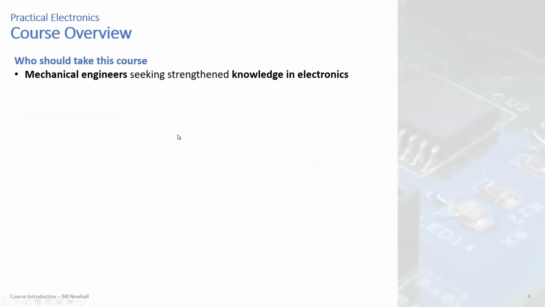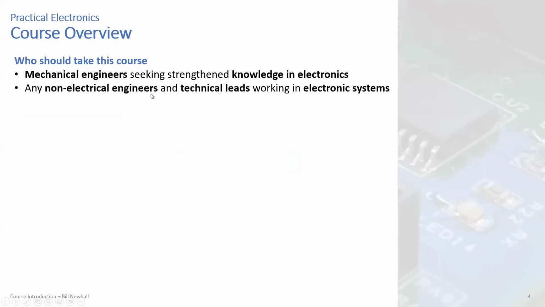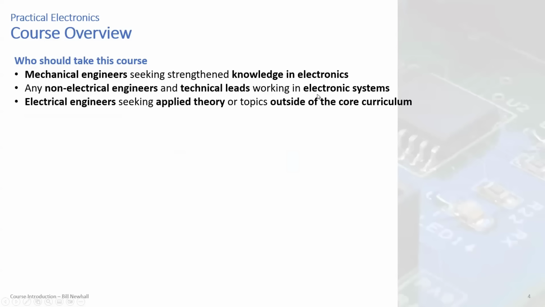This course was primarily designed for mechanical engineers, but really any non-electrical engineer could take this course to strengthen knowledge in electronics. And also electrical engineers have been interested in this course because it applies much of the theory that we learn in electrical engineering, but often don't get an opportunity to implement, to actually see it work in lab.